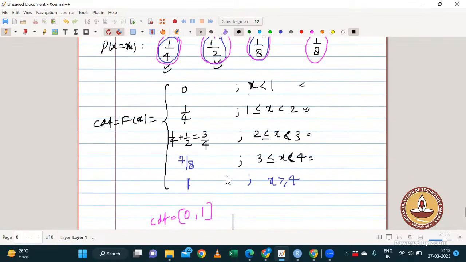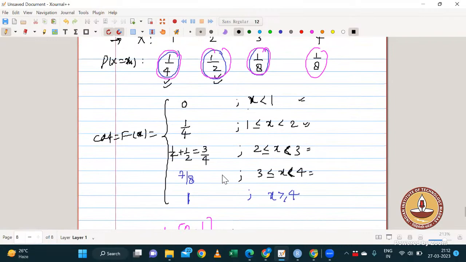What is 1 by 8? 1 by 8 is 0.125. Let's say 7 by 8. What is 7 by 8? It's 0.875. And 3 by 4 is 0.75. And 1 is 1, and this is 0.25.